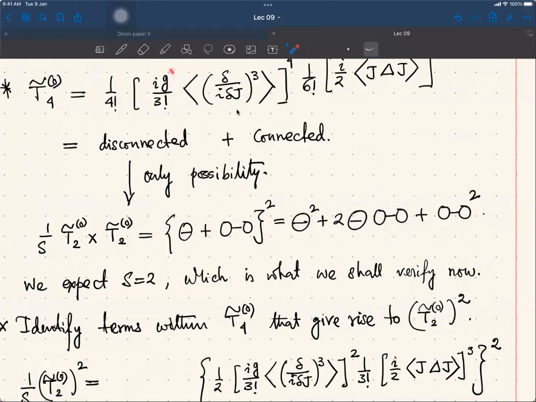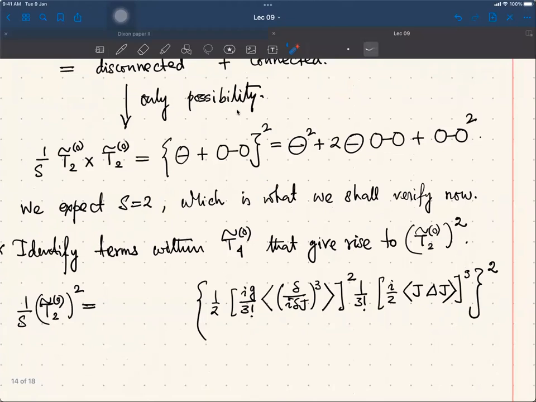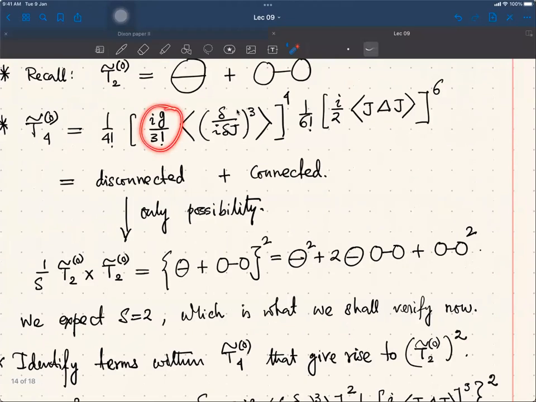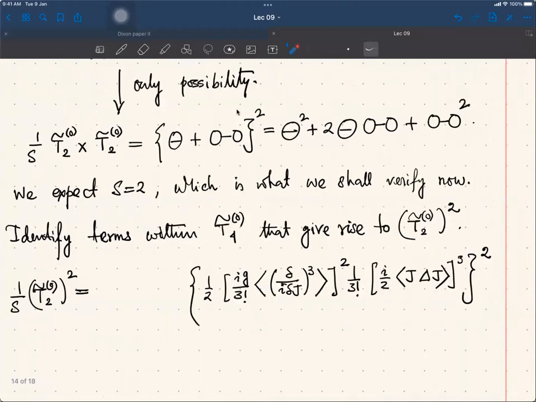The i g over factorial 3 and the i over 2 will match. i g over factorial 3 has a total power of 4 here, and here also i g over factorial 3 has a total power of 4. Similarly, the i over 2 power also will match. What will not match are the prefactors here and here, because it's a different type of organization of the derivatives, vertices, and the propagators.